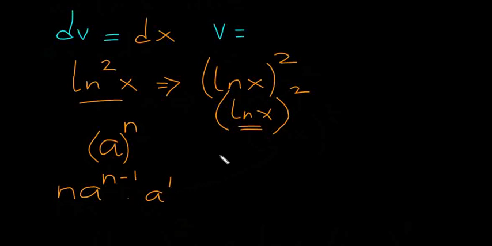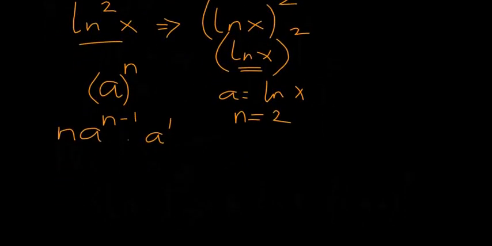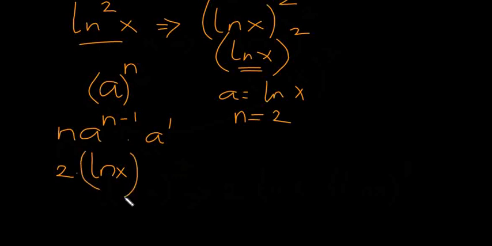For this case, a represents ln x and n represents 2. So let's work this out. We have the value of n as 2, so we're going to have 2, and the value of a is ln x, so we have 2 multiplied by ln x raised to n minus 1, which is 2 minus 1, so ln x raised to the power of 1.